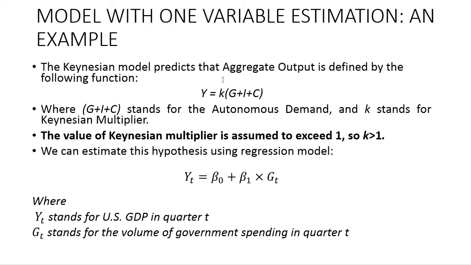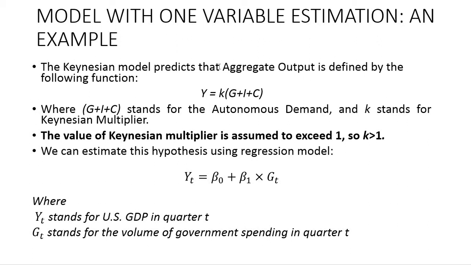In this model, K stands for the Keynesian multiplier. So we are not going to go very deep, but we assume that the Keynesian multiplier is always higher than 1. And this assumption results from the framework of this model.